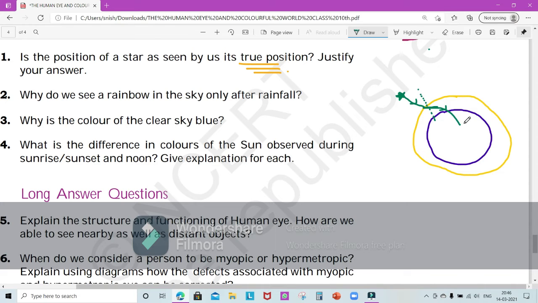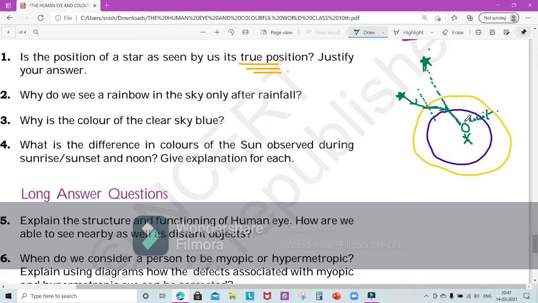So here we are standing. Let's assume his name is Rohit. Some person is standing here. Now what he'll assume is, oh my god, the ray is coming from here, so I think the star is here. That's what his eyes will assume. His eyes won't think, okay, it has undergone some refraction, so it should be here.